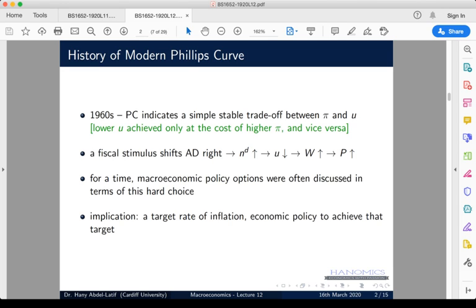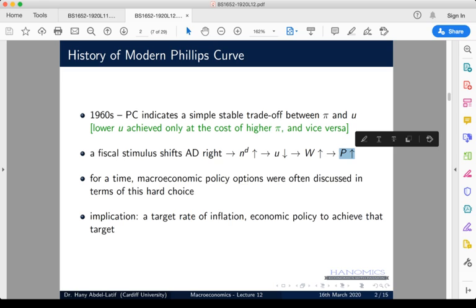So if they pay higher wages, that will translate into higher prices. You can see from this that the rationale here is that a low unemployment rate will be associated with a higher level of prices or higher inflation rate.